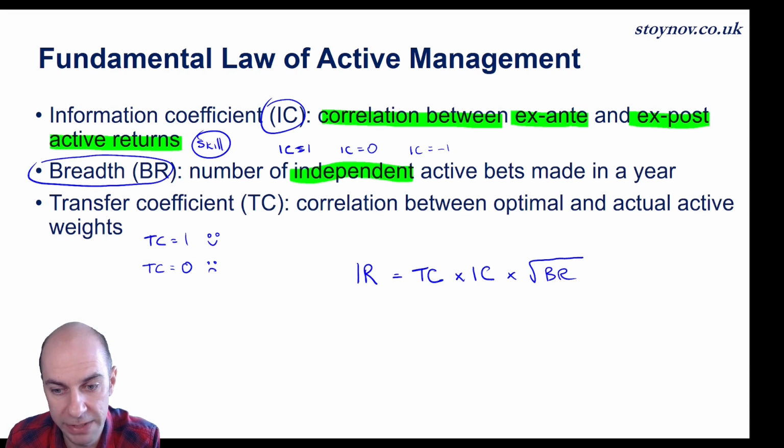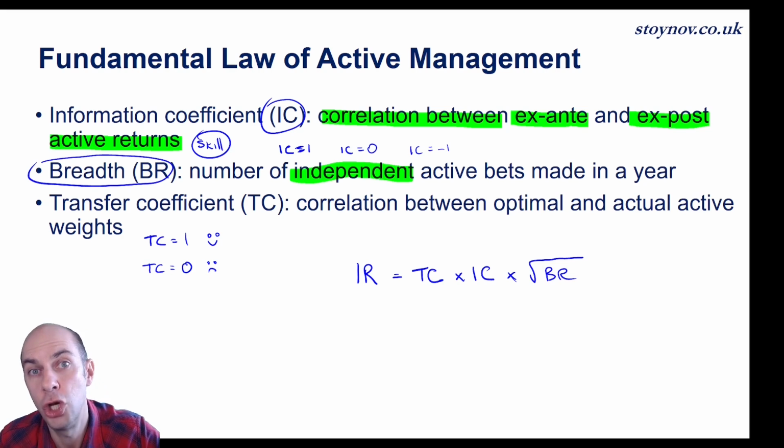So the relationship is actually multiplicative here. Even if one of the numbers is 0, your information ratio drops to 0. So a transfer coefficient needs to be higher than 0. And it's going to be 1 if you're fully unconstrained. If you can only go long, but you cannot short, then it drops.